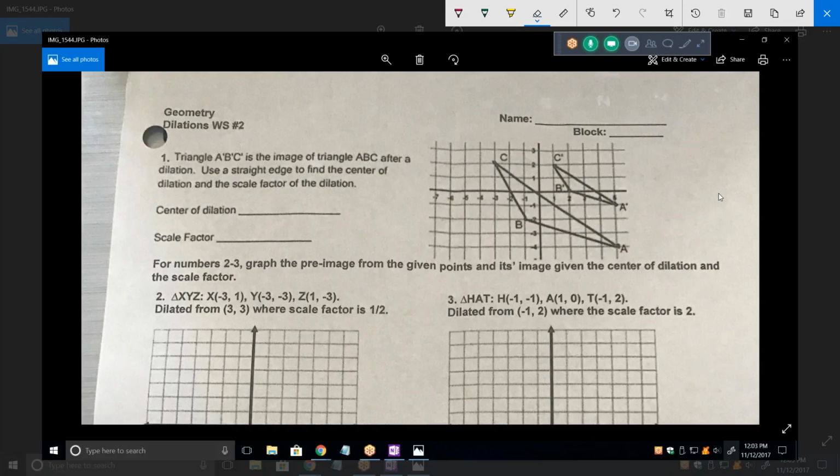Let's leave that for a moment and figure out what the scale factor is. The scale factor means what's that distance compared to what that distance is? Or what is this distance from C to A compared to what C prime to A prime is? Or B to A compared to B prime to A prime? What do you think that is in this case?